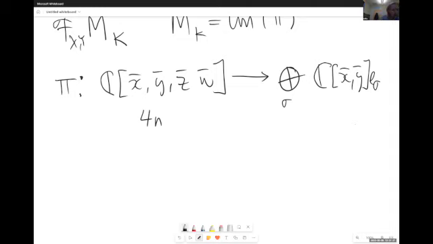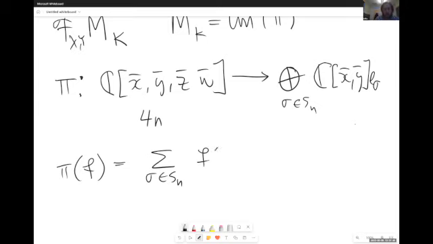And the map pi is defined by pi of f is equal to the sum over all sigma in S_n of f of, I'll just write this as x bar, y bar. Then I evaluate the z and w variables at the x and y variables, but reordered according to sigma.